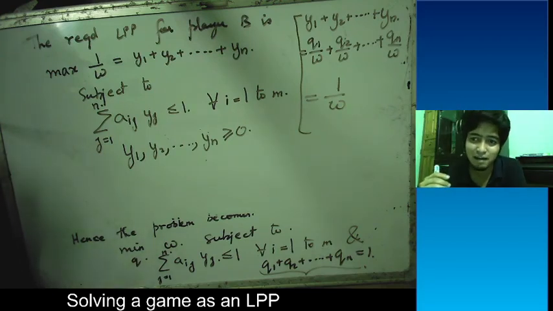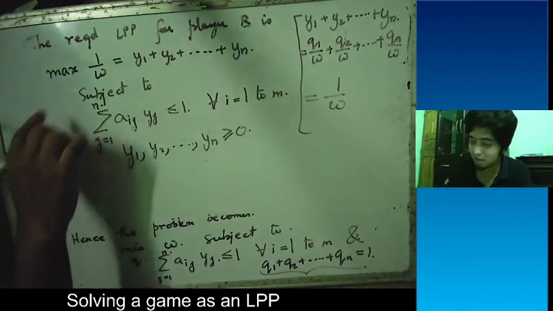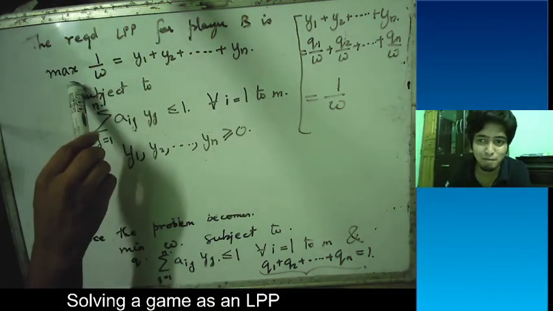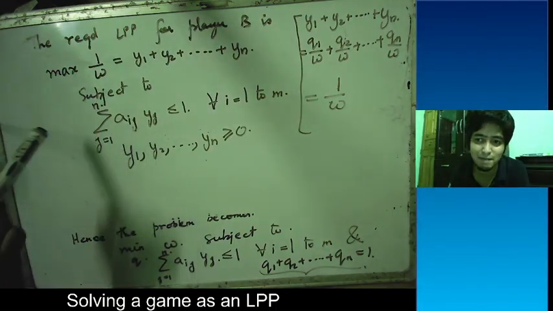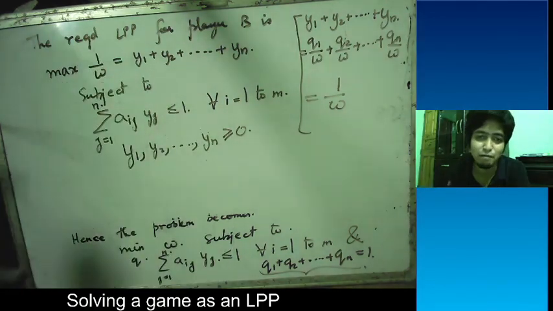So they are dual to each other. Remember that we will solve the game for player B because it is already a maximization problem. We will solve it by the simplex method. The solution for player A we can easily obtain from the simplex table after solving for player B.